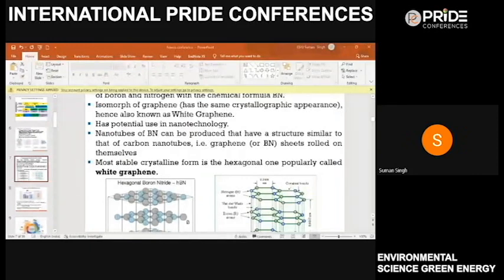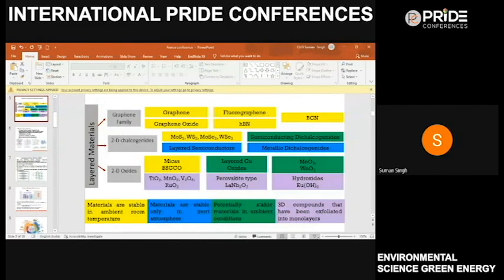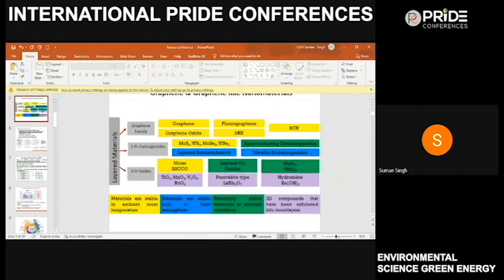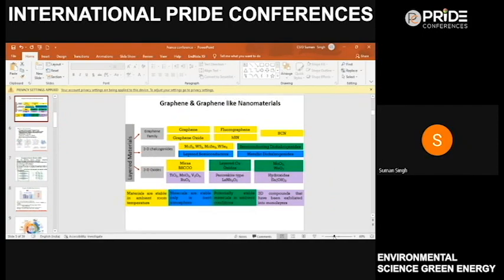Is it moving now? Yes. Okay. You need to zoom out your slides because it's too large and we can't see the content above in the slide. Okay, okay. Just zoom out more. It's fine.